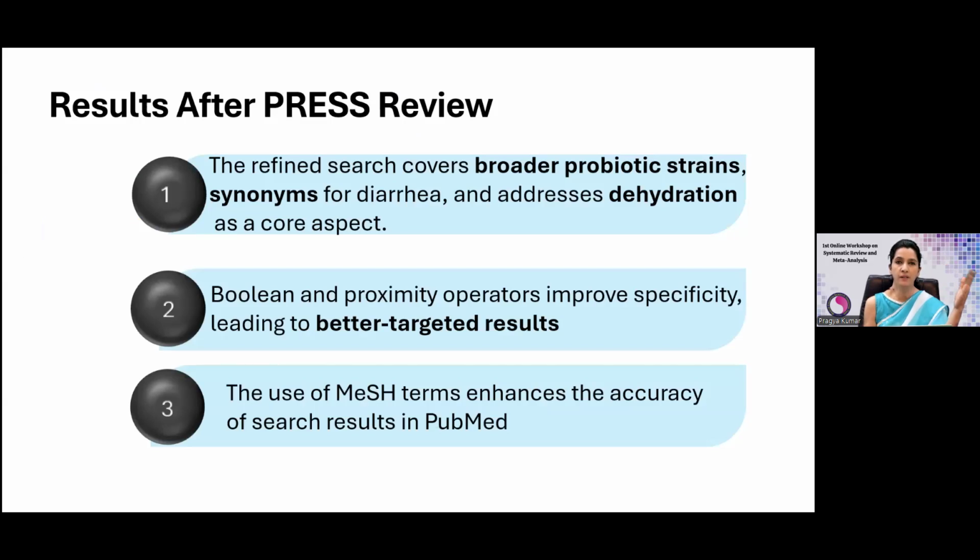So after this peer review, my search strategy will have broader keywords. I will address all the concepts which are there in my PICOT research question, and check whether I have used the appropriate terms. There was one error with our search term.